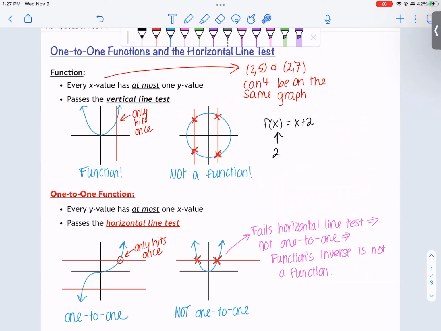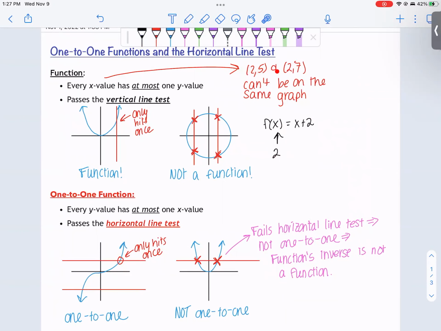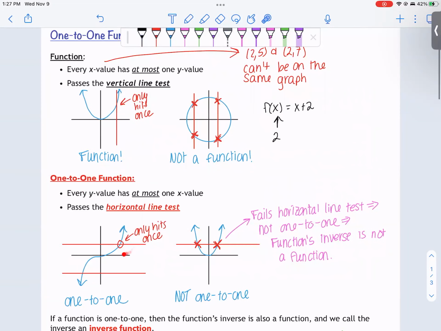So functions require that you can't have 2 different points where the same x value has different y values. In order to make sure that the function has an inverse that is also a function, we make sure additionally, on top of the fact that 2 points can't have the same x value, that no 2 points have the same y value, because think about what happens when we invert those points. A one-to-one function says that the points 0, 5 and 2, 5 can't be on the same graph.